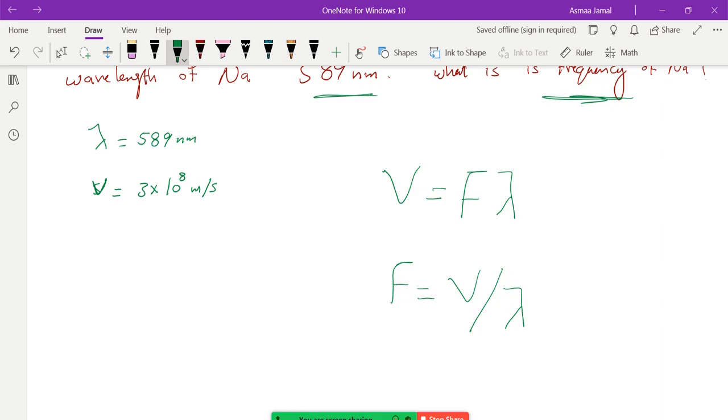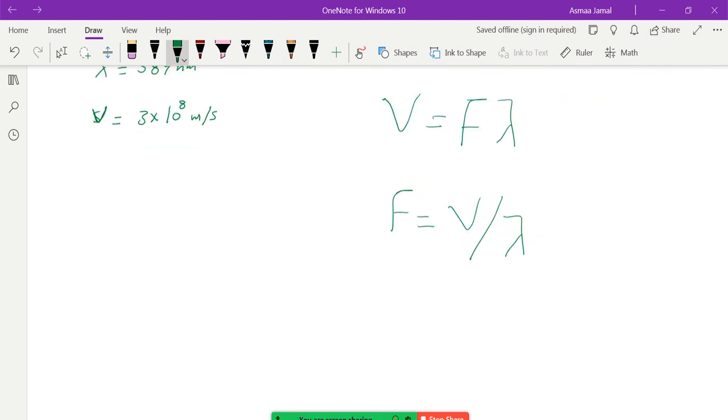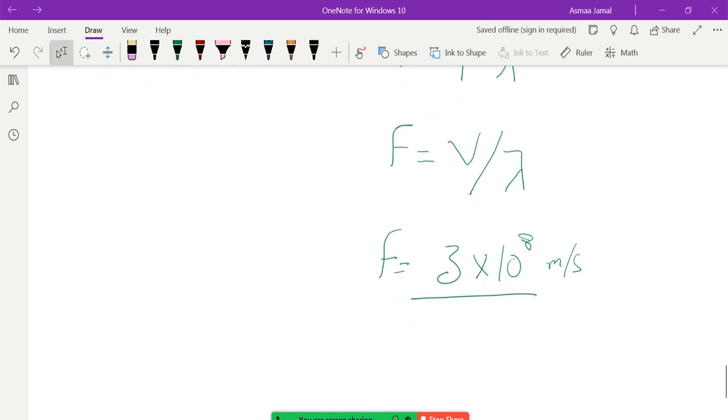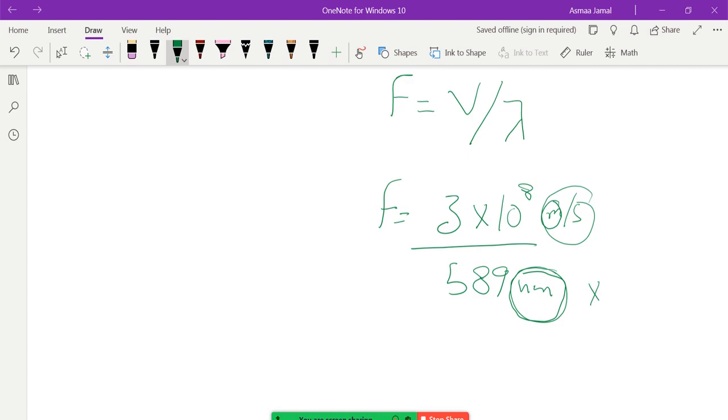There is an inverse relationship with the wavelength. So F will equal 3 times 10 to the power of 8 meters per second over 589 nanometers. The units are not compatible. We need to transform the nanometer into meters. A nanometer means 10 to the power of minus 9 meters. And now it's in meters.